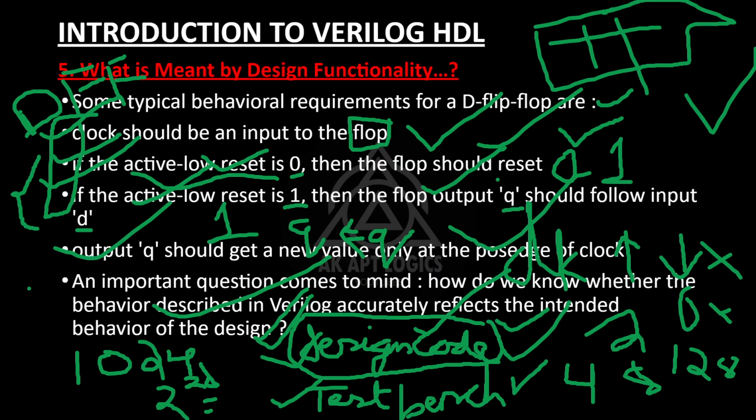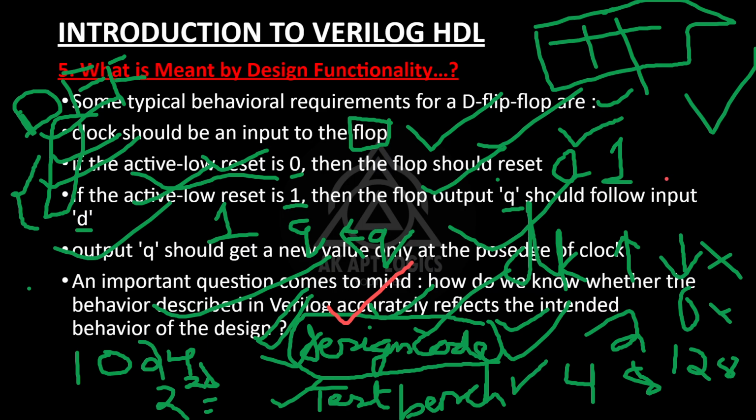So the thing I am stressing for the past 5 minutes is that we are going to write two types of code. One is design code, which includes the functionality of our digital system. To test the digital system design code, we must apply some inputs.